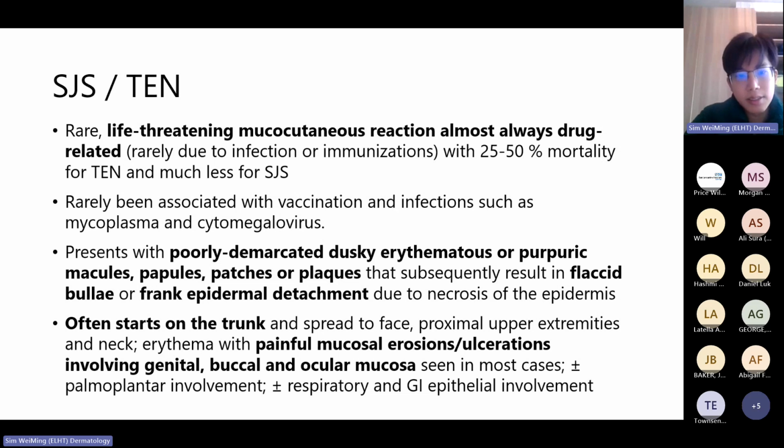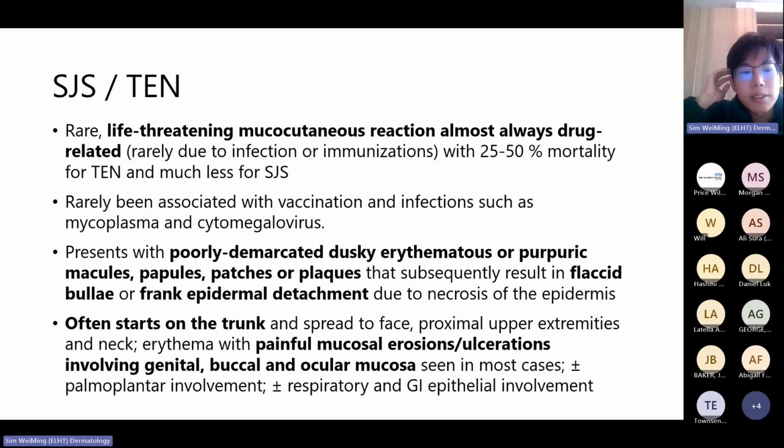Both these conditions could present with poorly demarcated, so ill-defined, dusky, sort of dark purple-gray looking macules, papules, patches, or plaques. So just for context for the non-dermatology staff, macules would be flat lesions, papules are slightly raised, patches are sort of larger macules, but they're flat, and then plaques are larger papules, they're raised like a plateau.